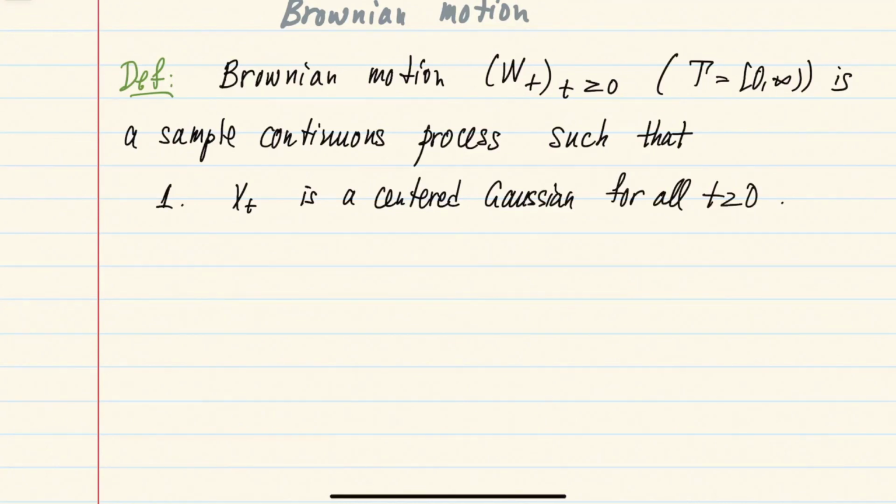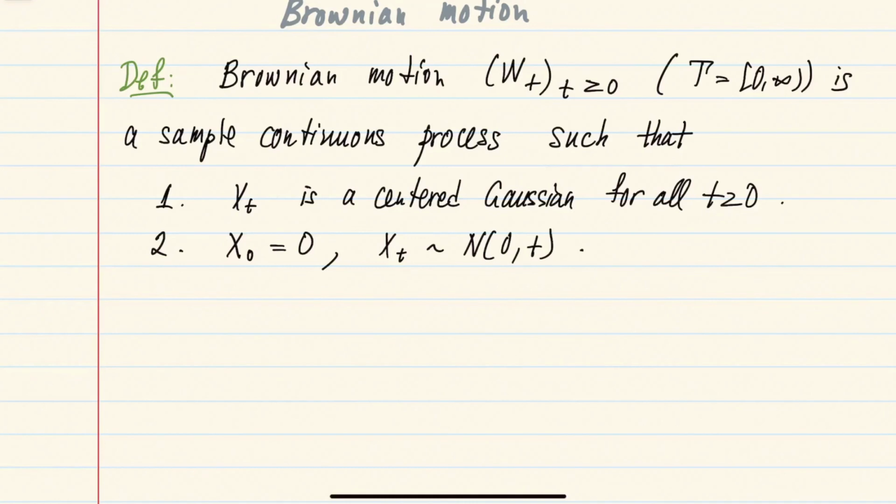Centered, of course, means that it has mean 0. Now, it looks a bit redundant, but the second property gives a more specific version of the first property, namely that we'll assume that X_t is not just centered Gaussian, but has specific variance t.